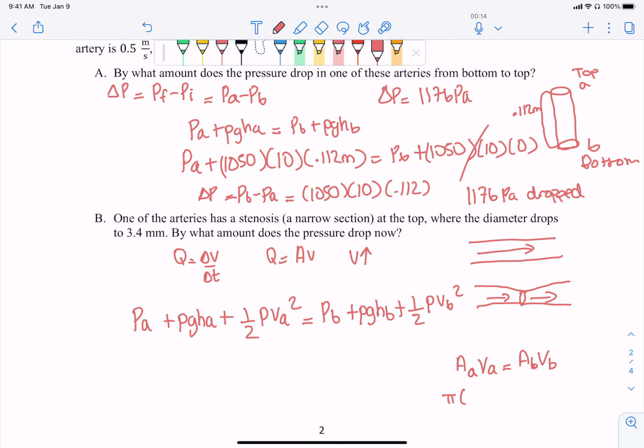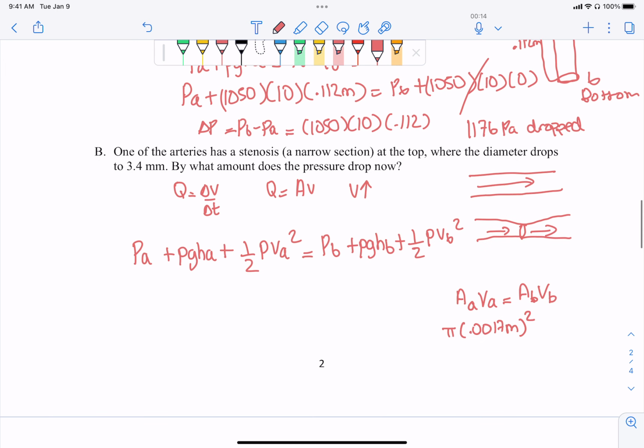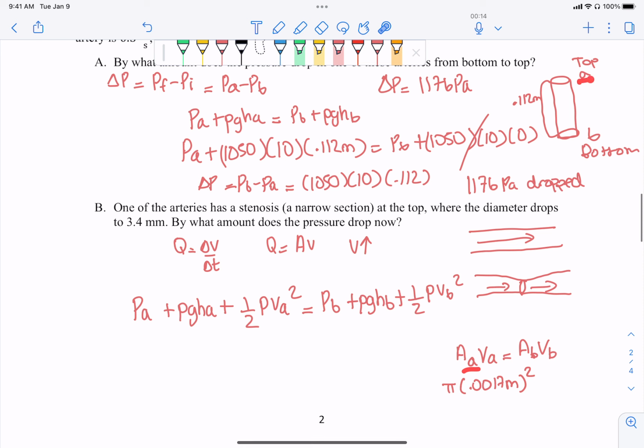That should give me around 0.0017 meters. That's my radius, and this is at the top. A is at the top, by the way. The diameter at the top was 3.4 millimeters, so that's 1.7 millimeters, and converting to meters gives 0.0017.